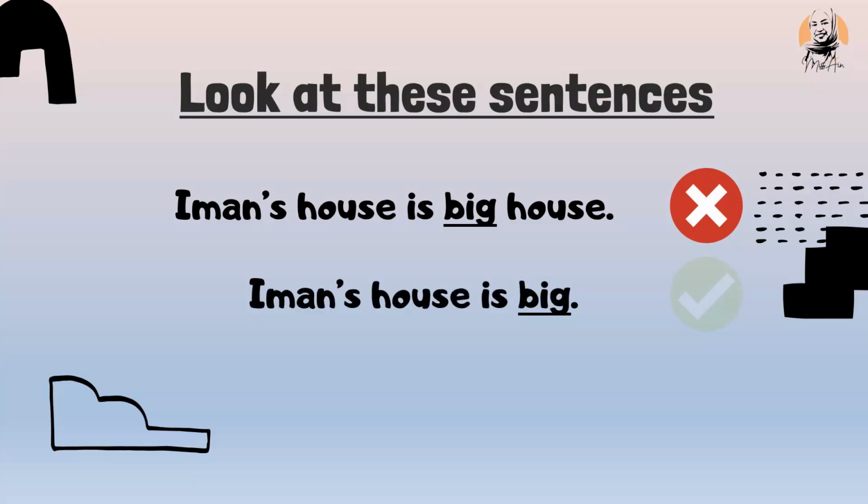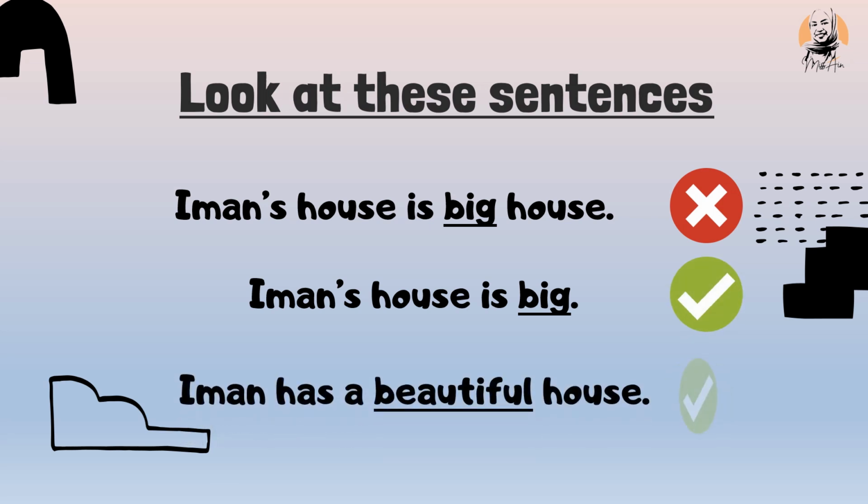Okay, have a look at these sentences. Iman's house is big. So you want to describe the house. Or the other way is, Iman has a beautiful house. You put the adjective right before it. There are actually a few types of adjectives. We're going to look at it one by one.